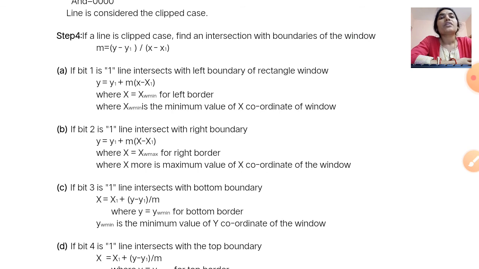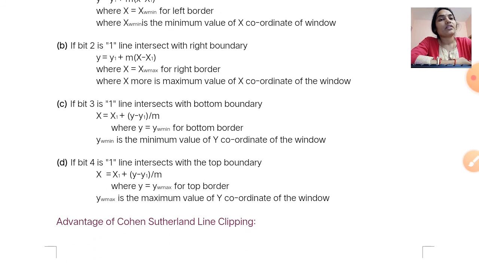If bit 3 is 1, then the line intersects with the bottom boundary, that means the x axis. Here x equals x1 plus y minus y1 by m, where y equals y min for the bottom boundary, and otherwise it is y max.